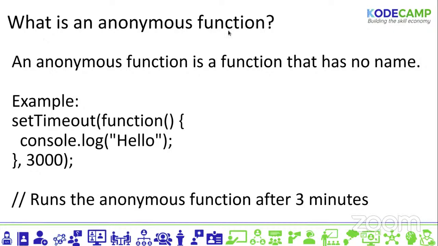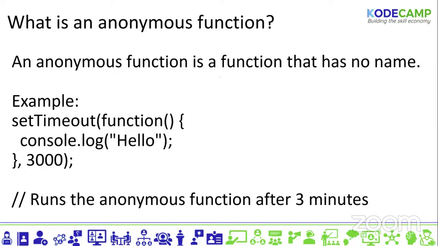First, when we say something is anonymous, we mean that thing is untraceable, or it has no name, or it has no identity. You can't identify it.